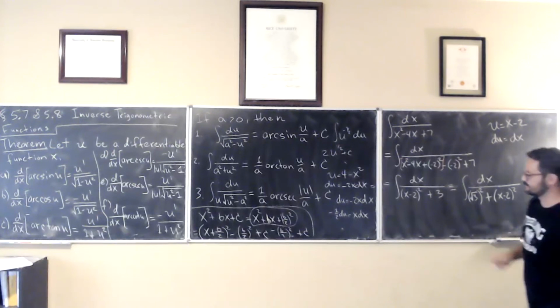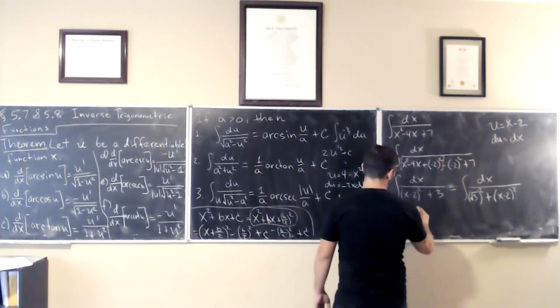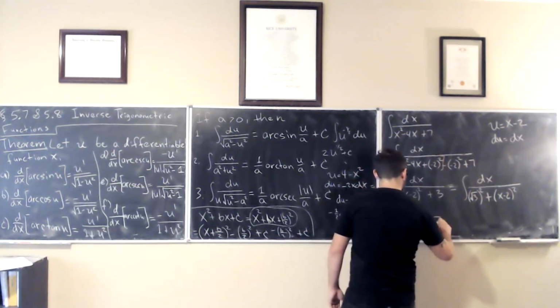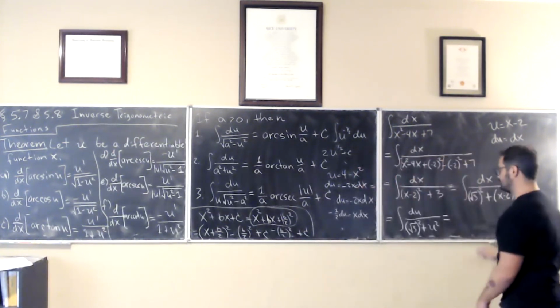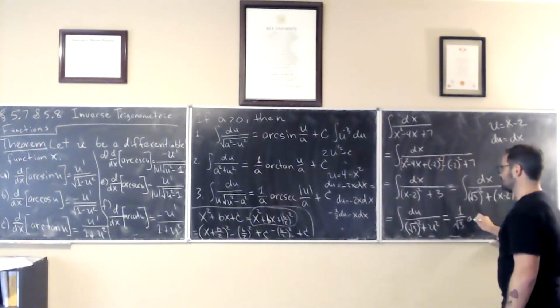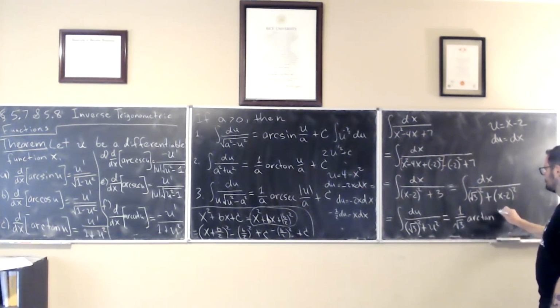It works out nicely right here. It's still the root 3 squared plus u squared. And that's going to be 1 over root 3 arctan of u, which is x minus 2 all over root 3.